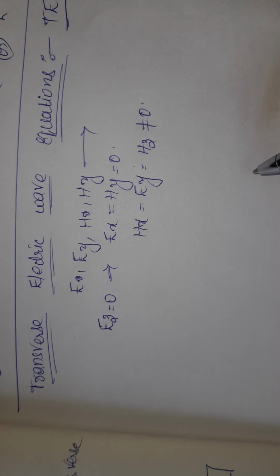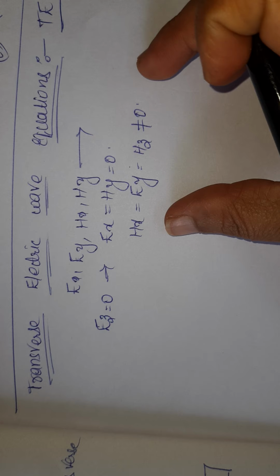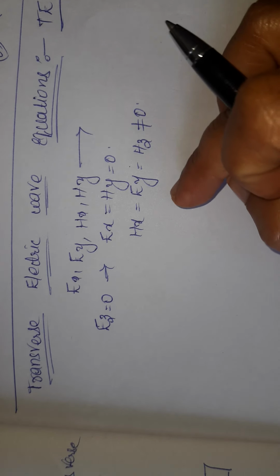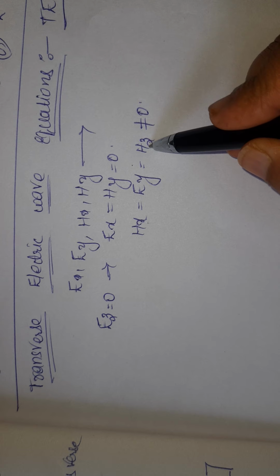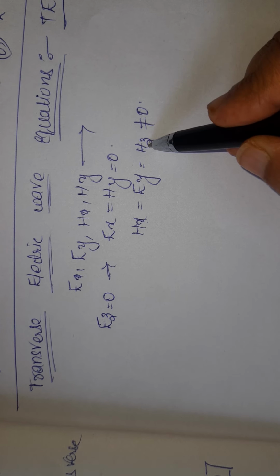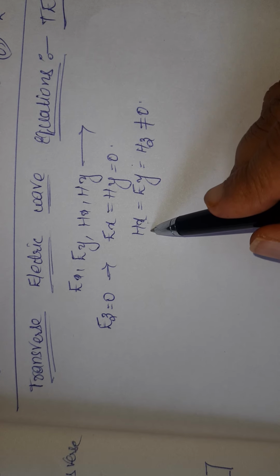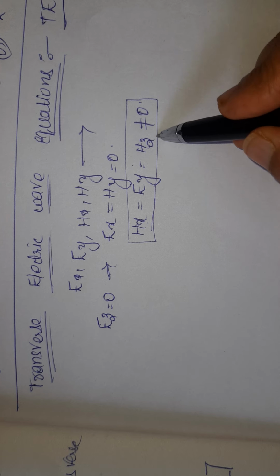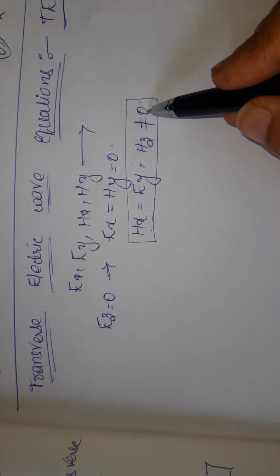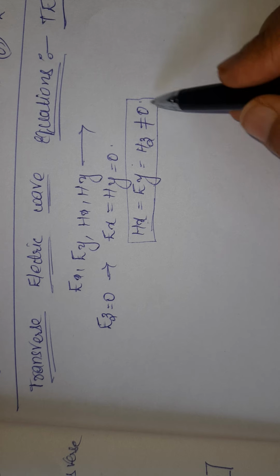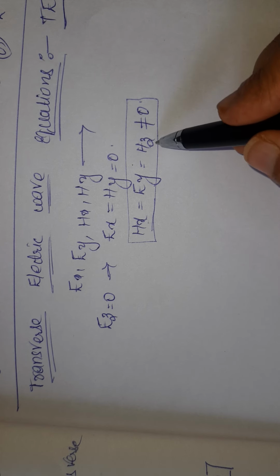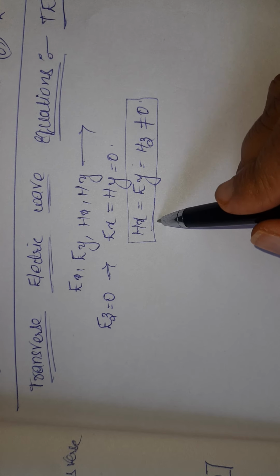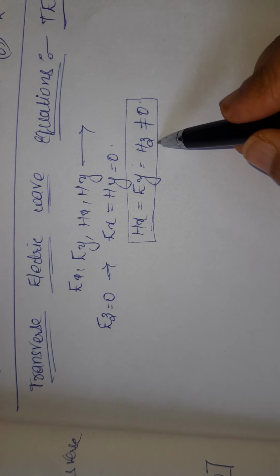The electric field is out of plane, and the magnetic field is in the xz plane. That is why it is known as the transverse electric TE mode, or simply an H wave. Since they are not equal to 0, they are represented with some equations, so we are going to derive the expressions for Hx, Ey and Hz.